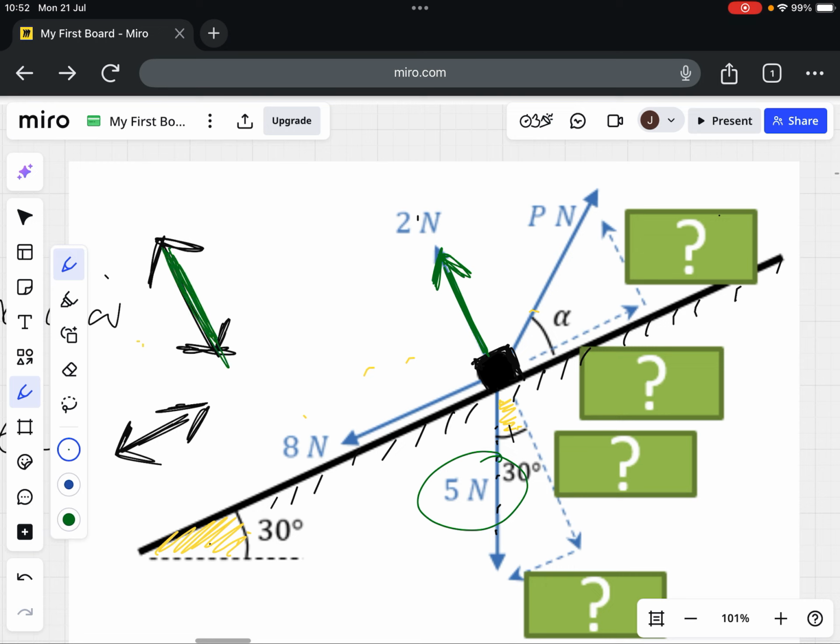It's not perpendicular and it's not parallel. So that's not good. I need to break it up, and I'm going to break it up by sketching on a right angle triangle. And can you see that the way that it's made, because you'll have to make these yourself as well, is it's made by putting a perpendicular and a parallel part together. So that there would be a correct one.